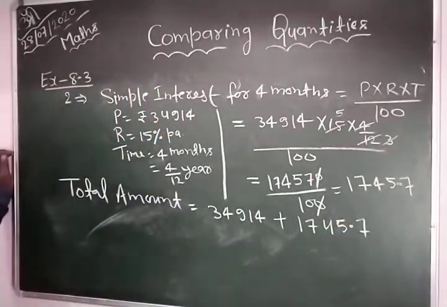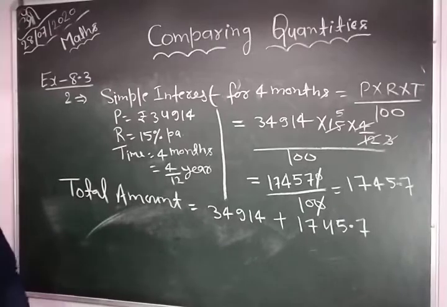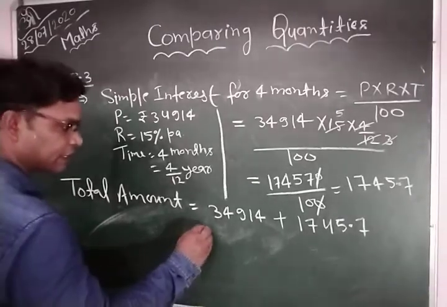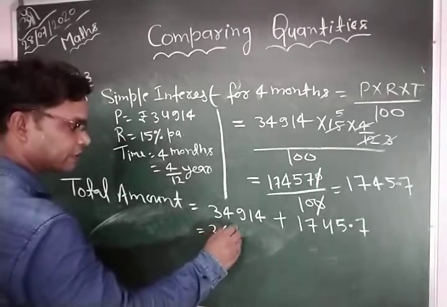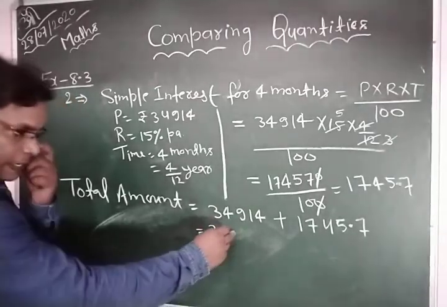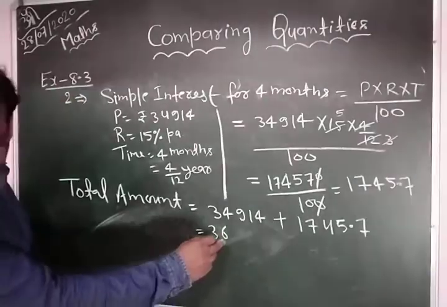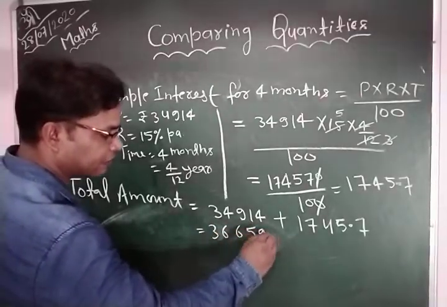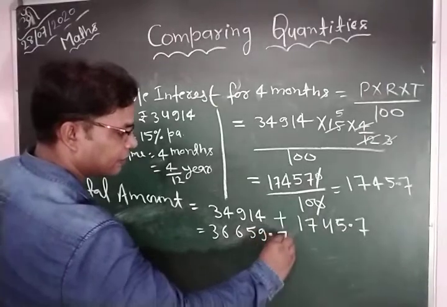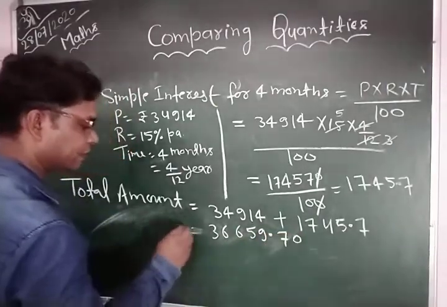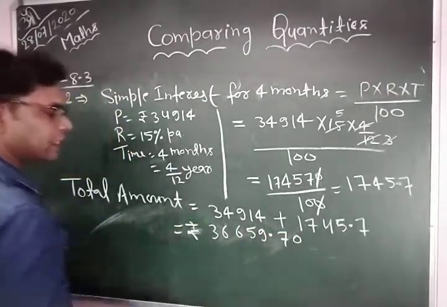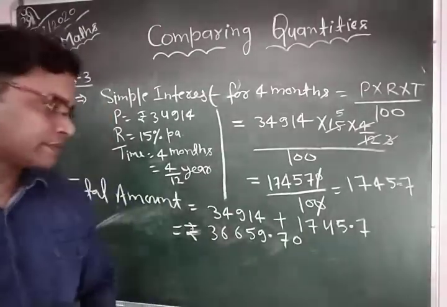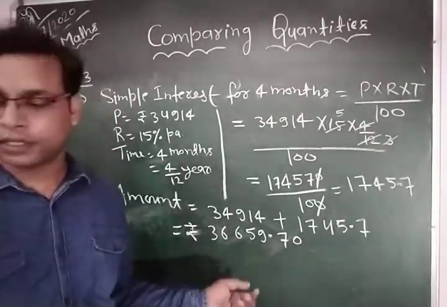Okay, so we sum it and we obtain 36,659.70. Okay, this is the amount she will pay after 2 years 4 months.